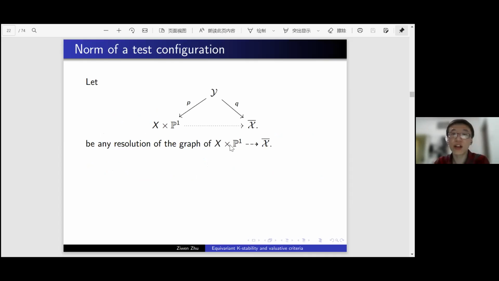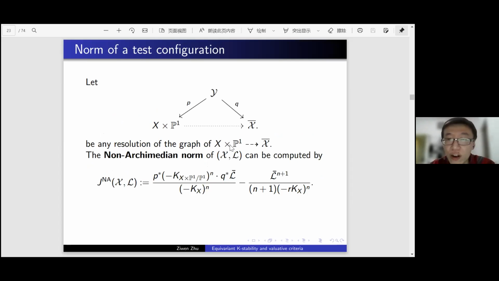And I also want to talk about the norm of a test configuration, again, through intersection numbers. There are actually quite a few definitions of the norm of a test configuration, and all of them are equivalent, meaning that if the norm is 0, the test configuration is going to be trivial.